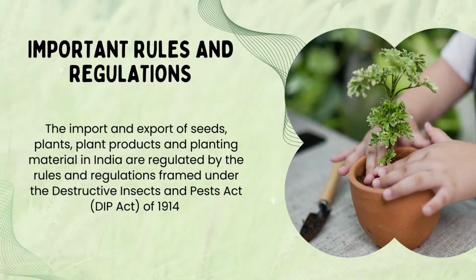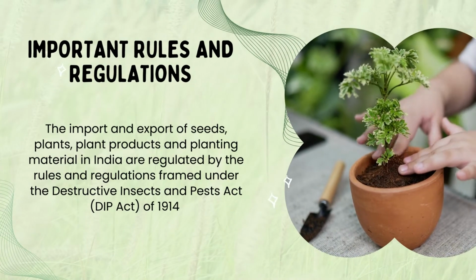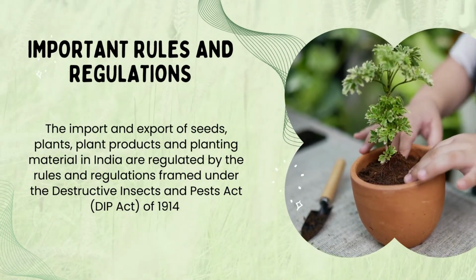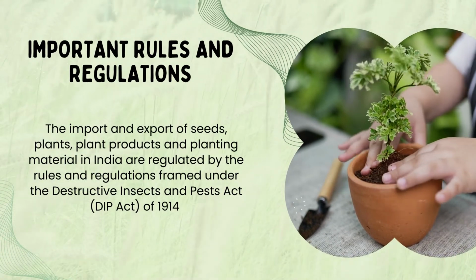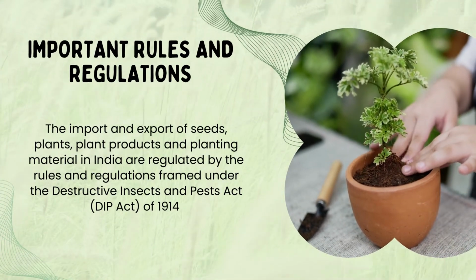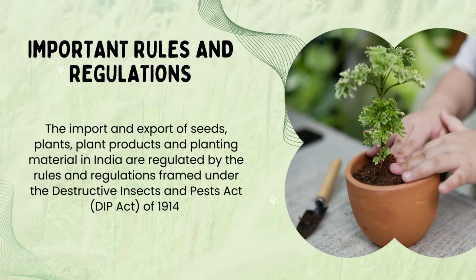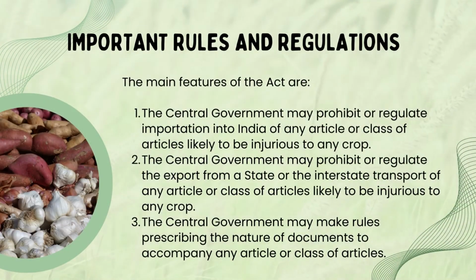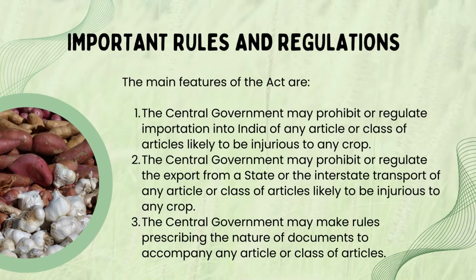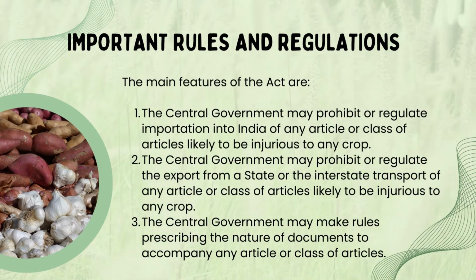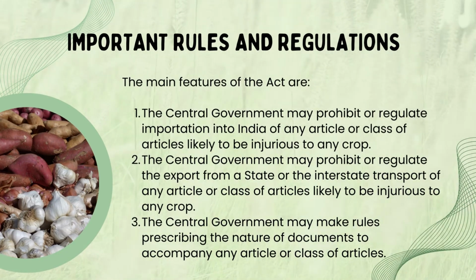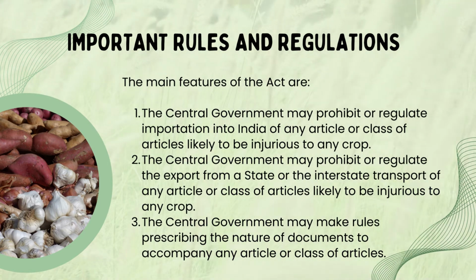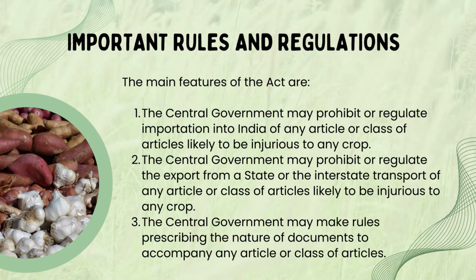Important rules and regulations. The import and export of seeds, plants, and planting materials in India are regulated by the rules and regulations framed under the Destructive Insects and Pests Act, DIP Act of 1914. The main features of the Act are: 1. The central government may prohibit or regulate the importation into India of any article or class of articles likely to be injurious to any crop. 2.